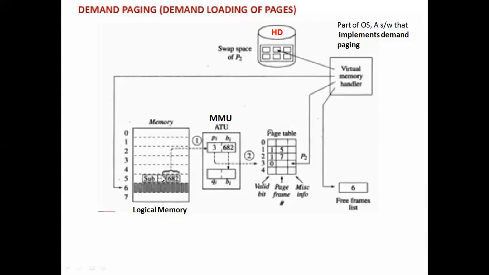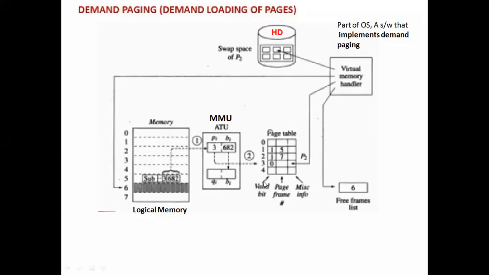So for this logical address, the higher bits become the page number, and the lower bits represent the offset. And this page number indicates in which frame the so-called page number 3 is stored. Before that, whether this page number 3 is present in the main memory, how do we identify that?